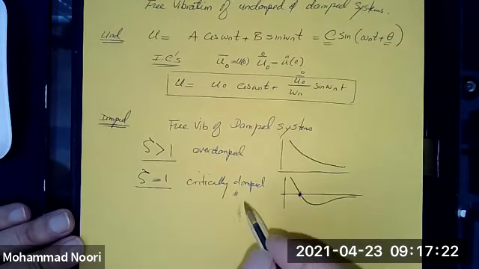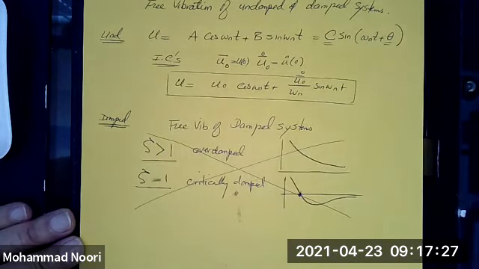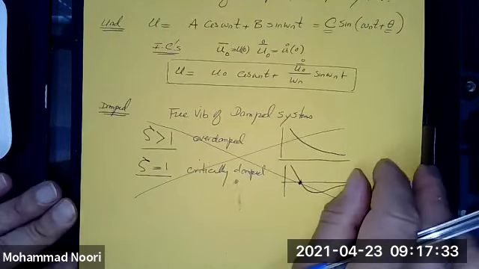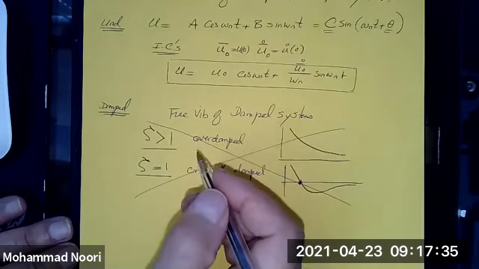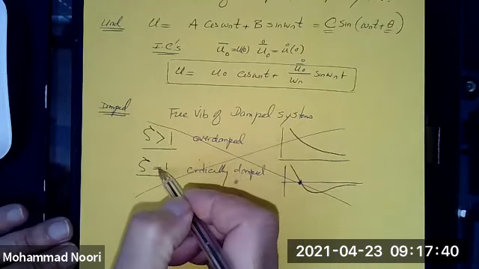But as I said, these two cases are not that significant, and in mechanical vibrations or even in structural dynamics, we rarely come across cases that are overdamped or critically damped.